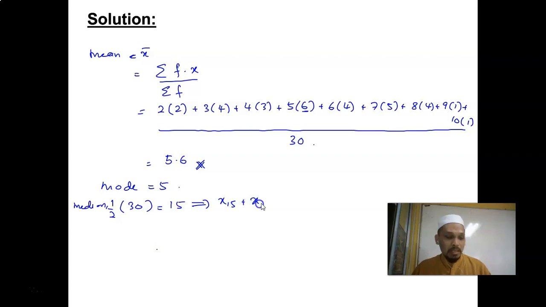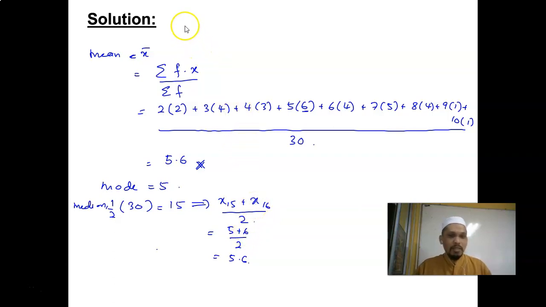X15 plus X16 divided by 2. The median here is 5 plus 6 divided by 2 equal to 5.6. How do we know that the 15th observation is equal to 5 and the 16th observation is equal to 6?